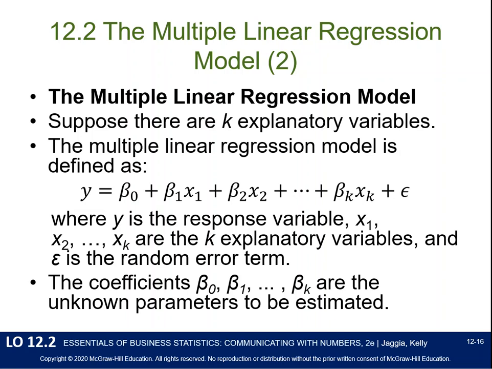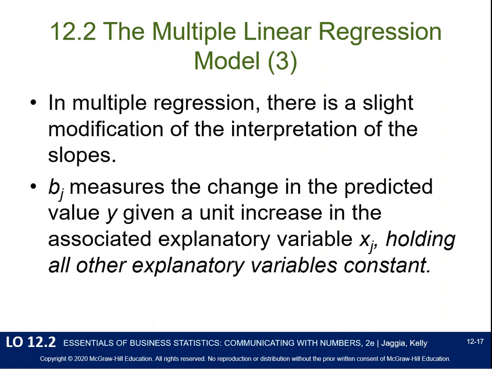Now again, these formulas are very nasty to have to do by hand, and thankfully we have Excel to do them. We do have to, again, as I mentioned on the previous slide, modify our interpretation of a slope. We can't really say that that is the amount that causes the change. We can say that holding all other variables constant.